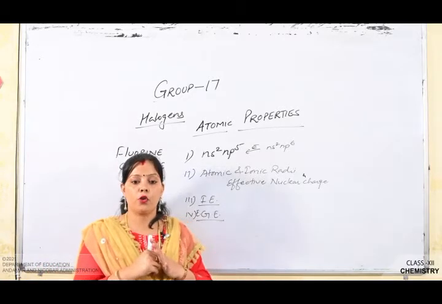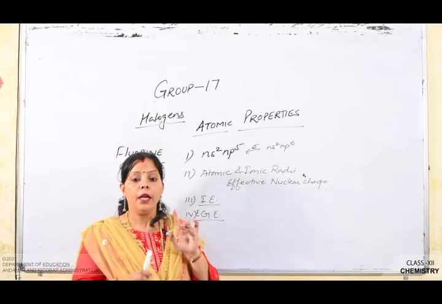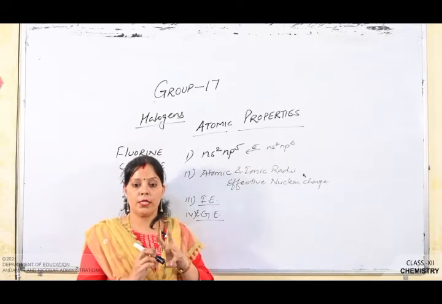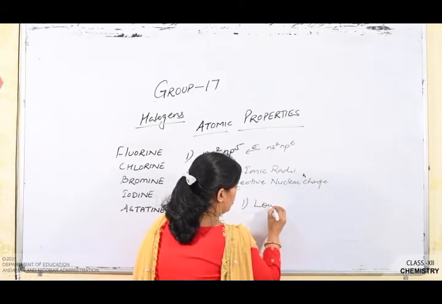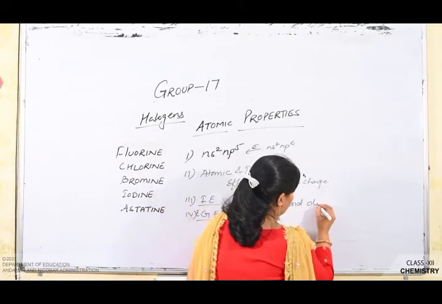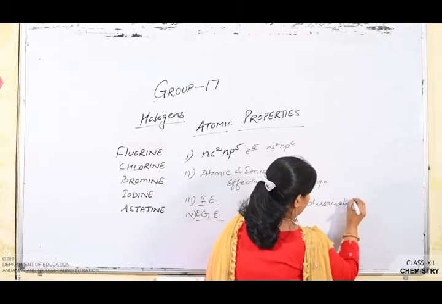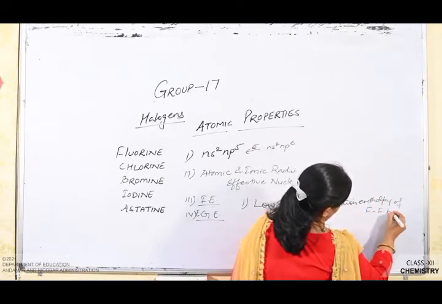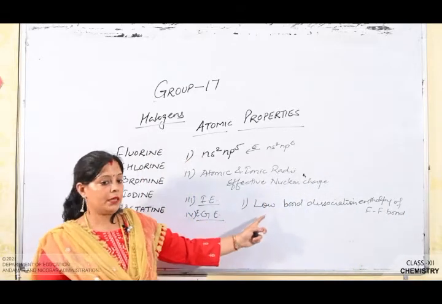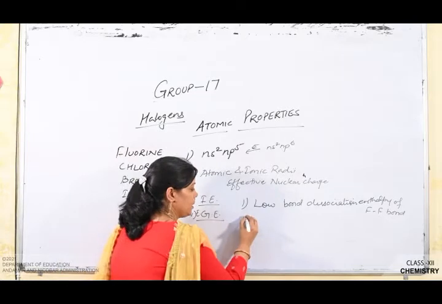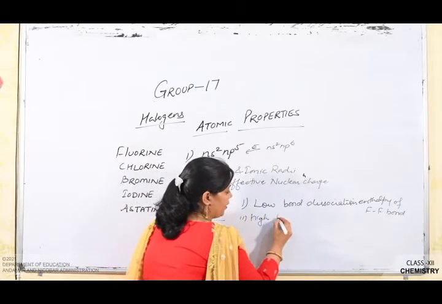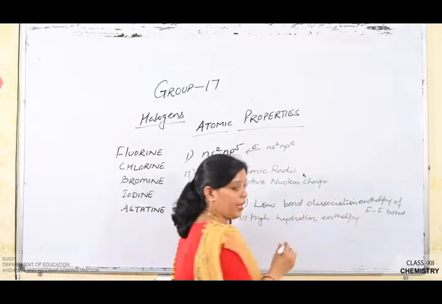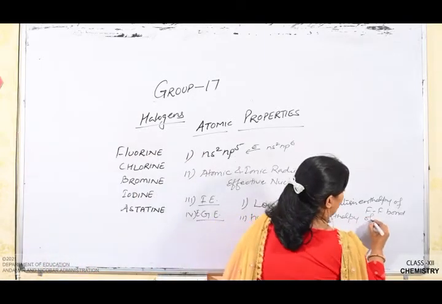Fluorine is a stronger oxidizing agent than chlorine, and it is due to the fact that the important properties of fluorine are, first, the low bond dissociation enthalpy of the F-F bond, and second, the high hydration enthalpy of the F minus ion.